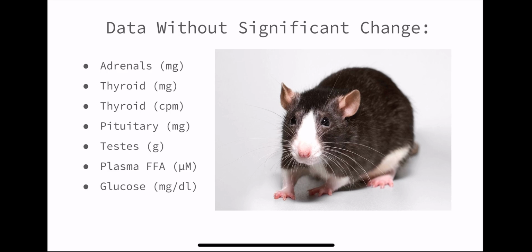Using the data provided for each group of rats and the results of the significance tests we performed, we determined the following had no significant change: the mass of the adrenals, the mass of the thyroid, the iodine uptake of the thyroid, the mass of the pituitary, mass of the testes, the free fatty acid plasma levels, and the blood glucose levels.